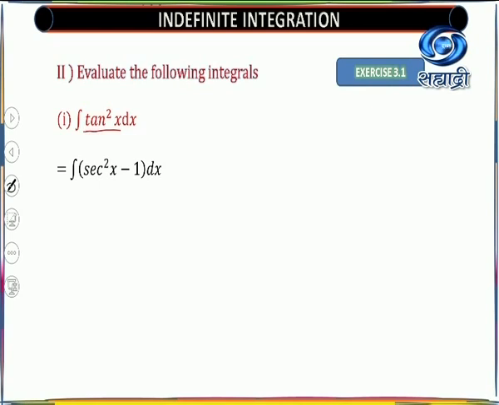So here you will get integration of sec square x minus 1 dx. Now as usual you need to separate out. You will get integral of sec square x dx minus integral of dx. Now sec square x is the derivative of tan x. So immediately you will get your value as tan x minus x plus constant of integration.